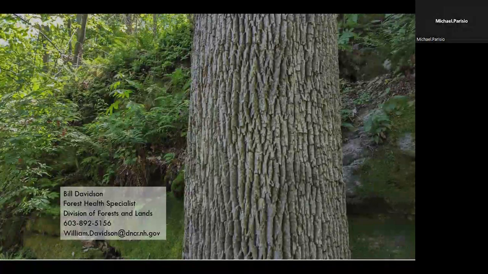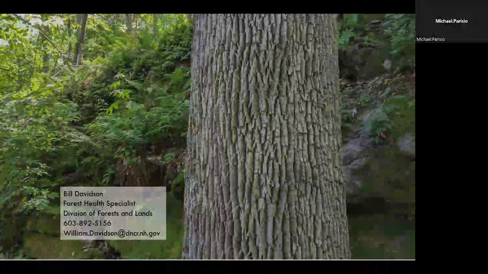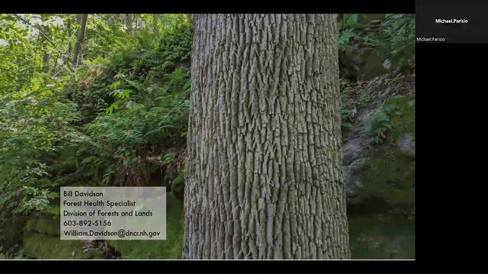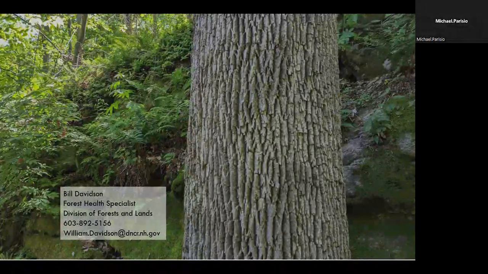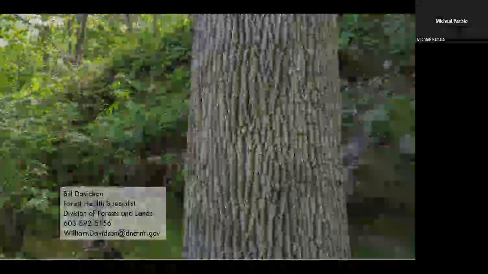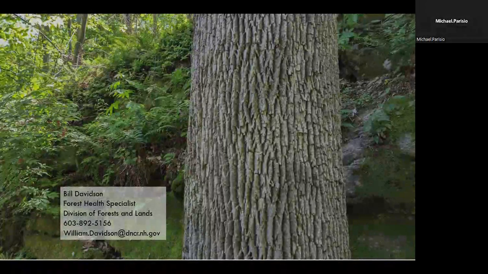I have a question. What's the nature of the spread for EAB? Do you think it's spot reintroductions, or is it flying away? In that map I showed, it was kind of a central point in Concord, and then it radiated out from there. I think it was mostly natural dispersal, so the beetles flying, but also short range hitchhiking.